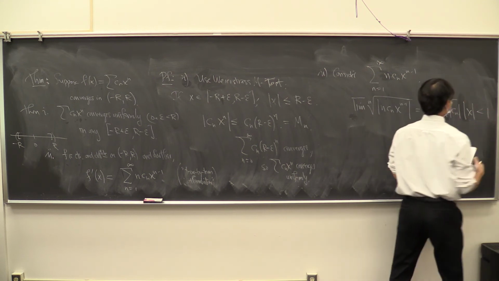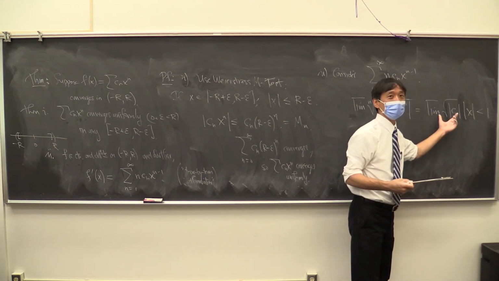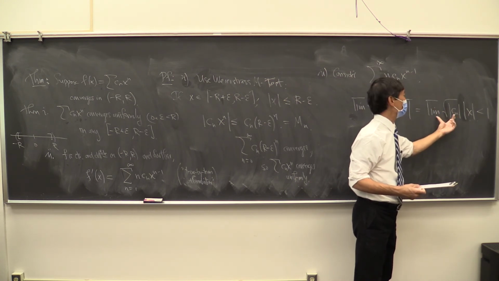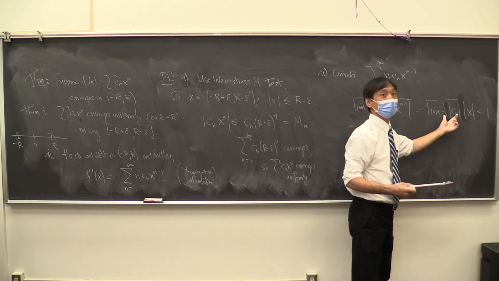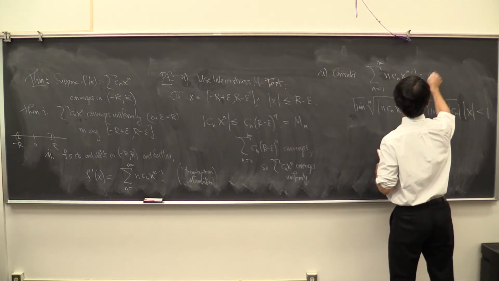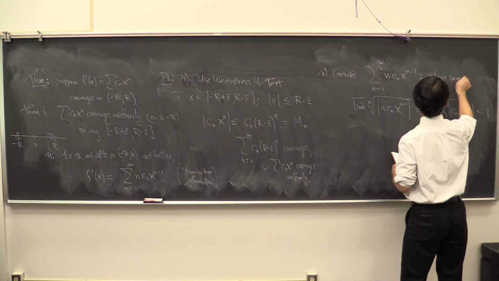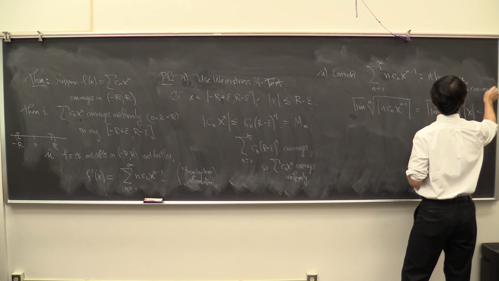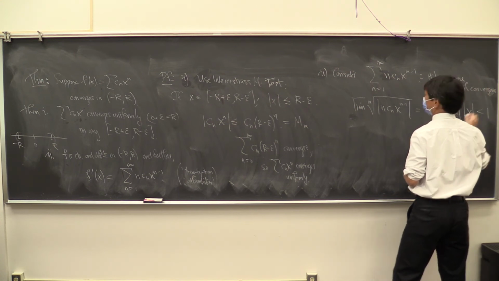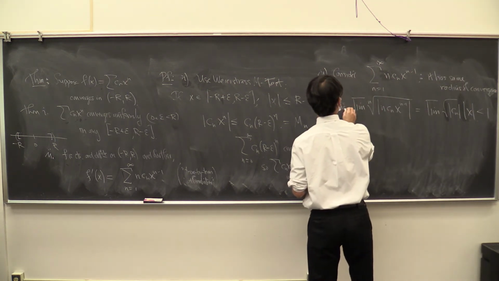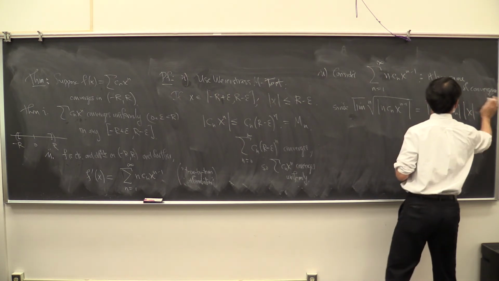We need this to be smaller than 1, and our radius of convergence is the same. Its radius of convergence is just going to be 1 over the limit of these guys. So it has the same radius of convergence.